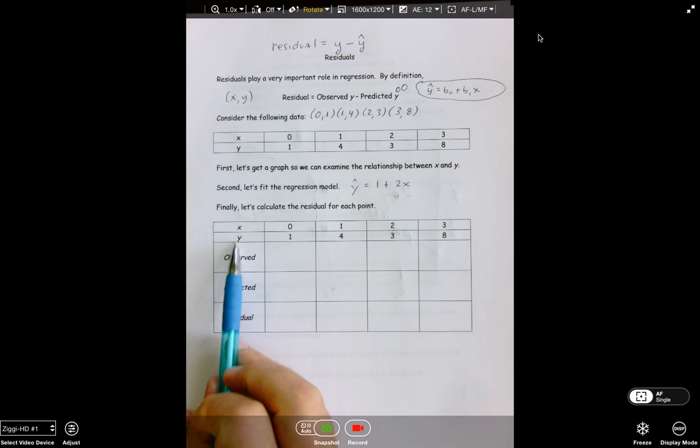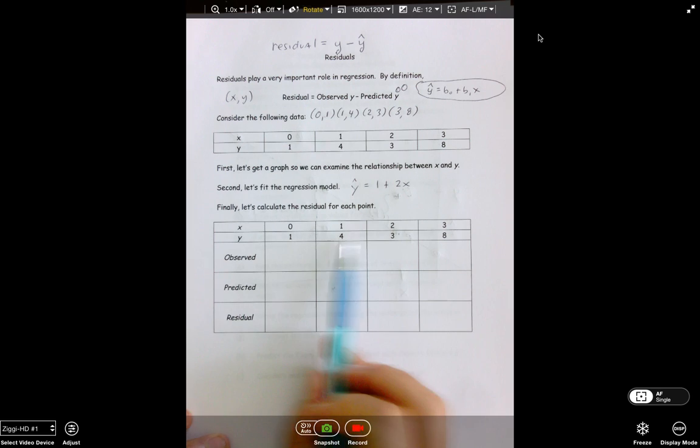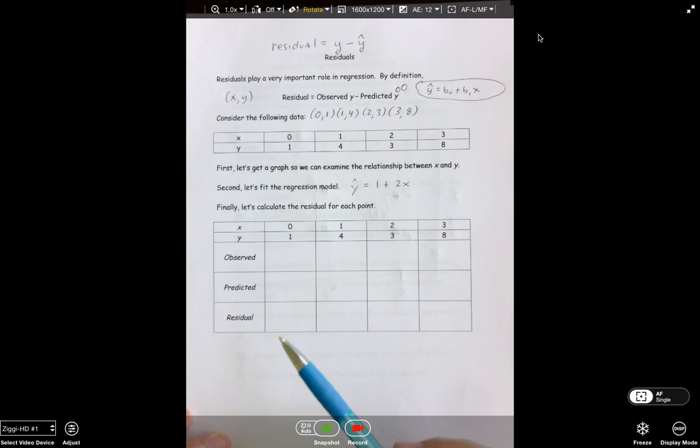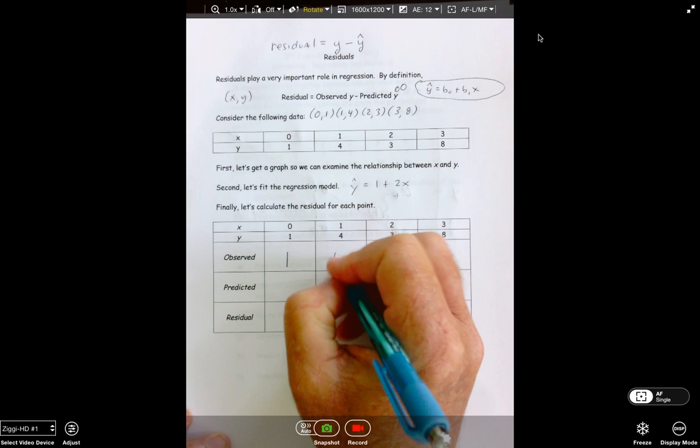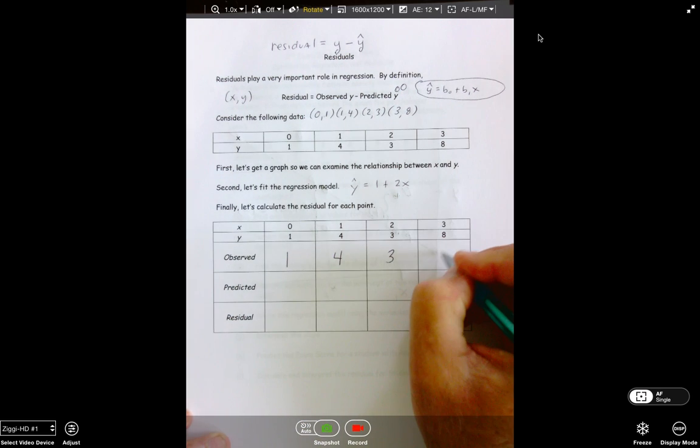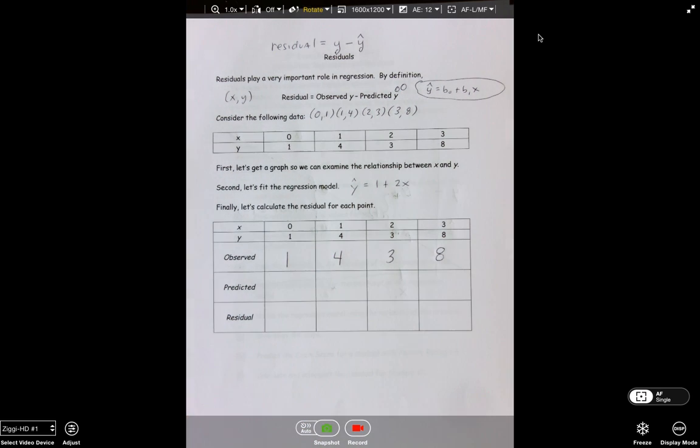We have our ordered pairs x and y, again (0, 1), (1, 4), (2, 3), (3, 8), just like we did up here. Our observed y is just the y that we get from our ordered pairs. It is the data that we collected. It is the observed value.